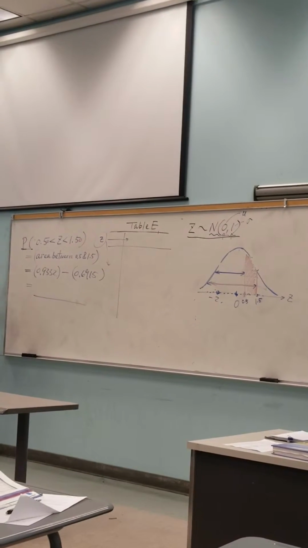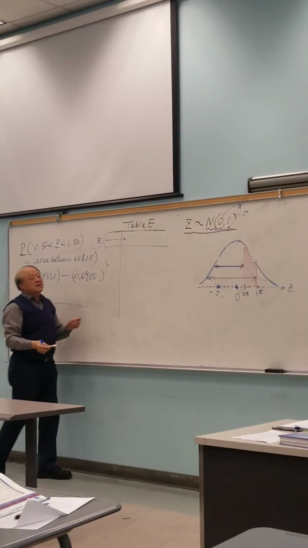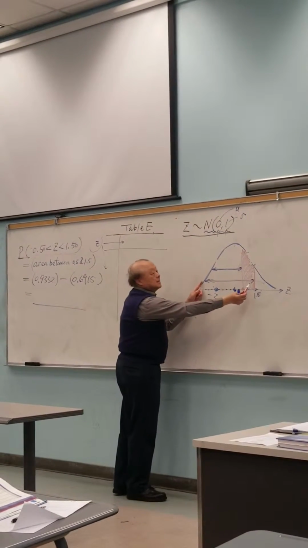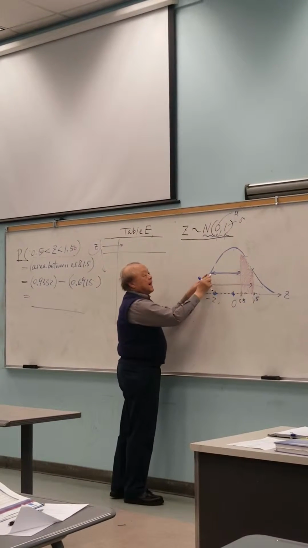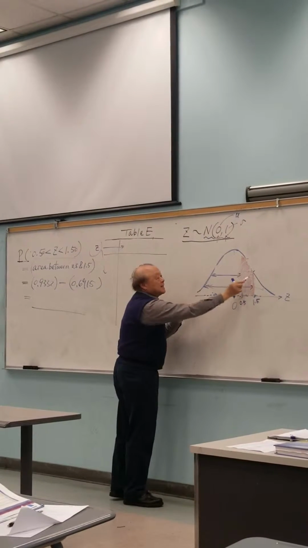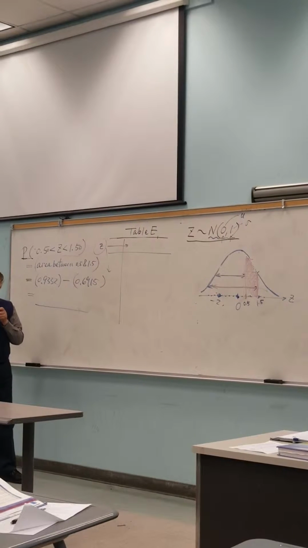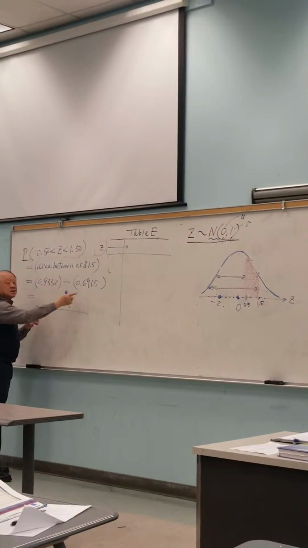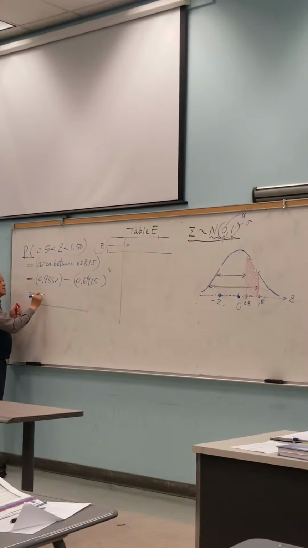You need the area in between. Your method is you find the area up to the larger number minus the area up to the smaller number. The remaining is what you need, correct? Do you understand the idea? It must be larger minus smaller, then you get the positive value, right?